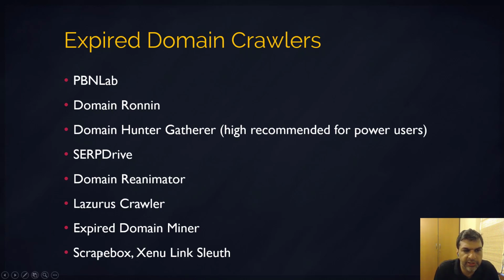You can use both of these in conjunction, with a large number of proxies, and then you can scrape Google for your keywords, and Scrapebox also has an internal expired domain module within it, so you can use that with Xenu Sleuth to find out which the expired domains are for your specific keyword searches. But this is a manual process, and it does take time.